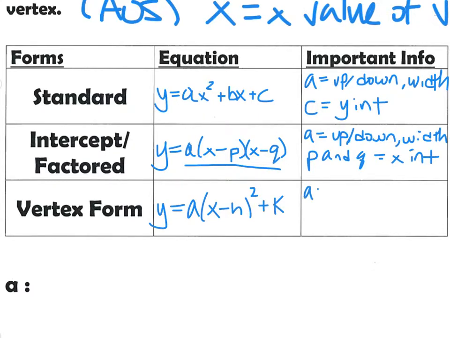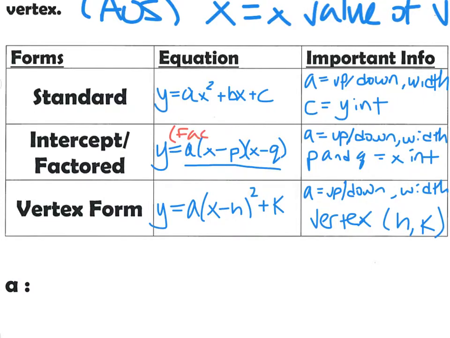Vertex form is y equals a times x minus h squared plus k. A still is doing the same thing, up, down, and width. And now here, I have my vertex, that's the name vertex form, is HK. So this should be tying in with some things that you remember. You don't need to write what I'm writing in red, but this ties with factoring and solving by factoring.